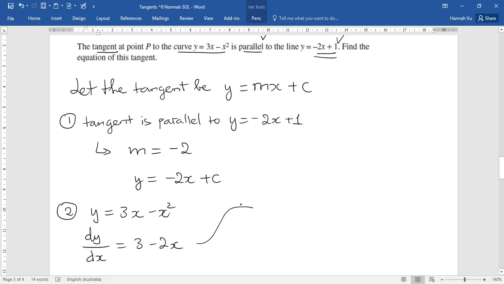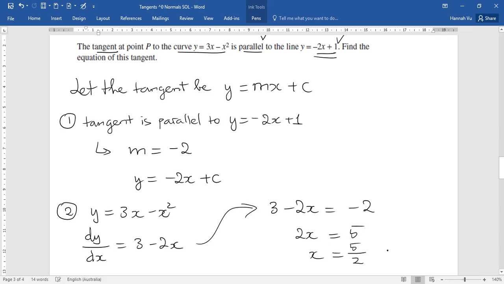I'm just going to find that x value. If 3 minus 2x equals negative 2, being the gradient of the tangent, and we solve for x, then you just have 2x equals 5, which means that x is 5 over 2.